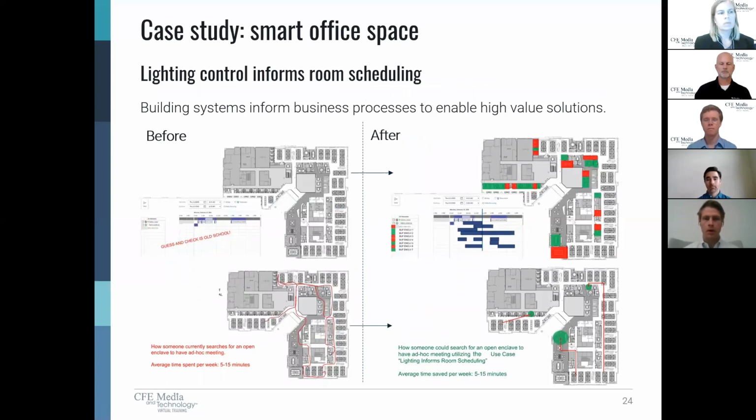So for a recent case study that we've done here at Canon Design, we were looking at a corporate office and trying to empower the users and create a more efficient workflow for them. We're looking at introducing a networked lighting control system that's ultimately pushing data, and this is where we talk about data flow.